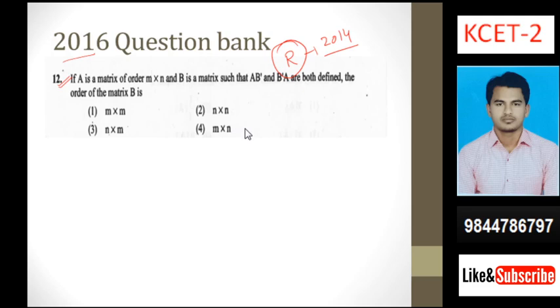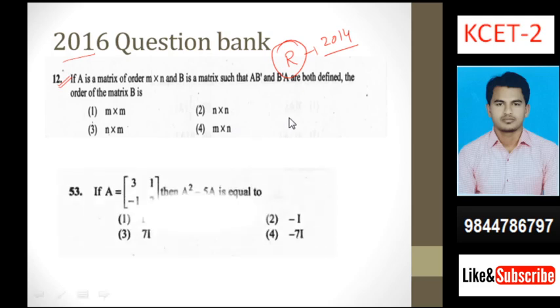Now in 2016, they asked one more question: if A is equal to [3 1; -1 2], then find A squared minus 5A. First I need to calculate the value of A squared. A squared can be written as A into A, that is [3 1; -1 2] times [3 1; -1 2].